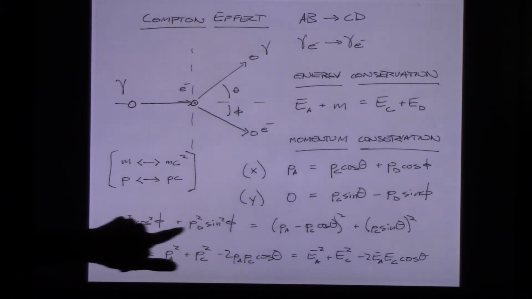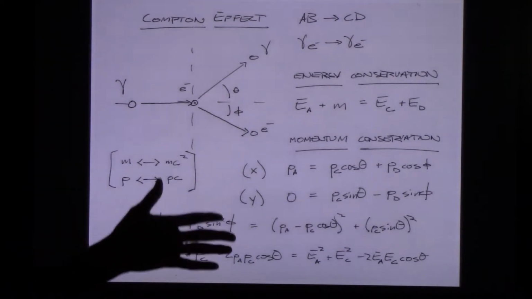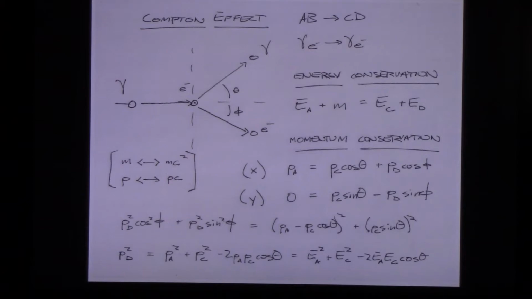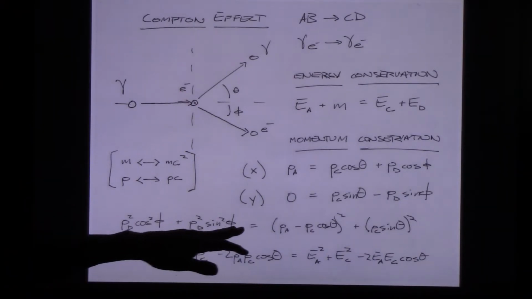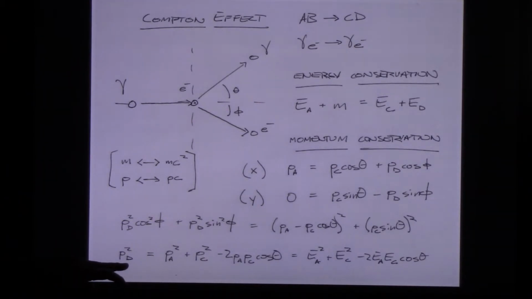So what I've been able to do with that is I've eliminated one of my unknowns. One of the unknowns here is phi, that's the electron angle. Now we can come back and solve for that later on, but what we've got right now is like 3 equations and too many unknowns. We've got to start eliminating some of those. And for better or worse, we've decided to get rid of phi first. Now that's being replaced with the momentum of the electron.